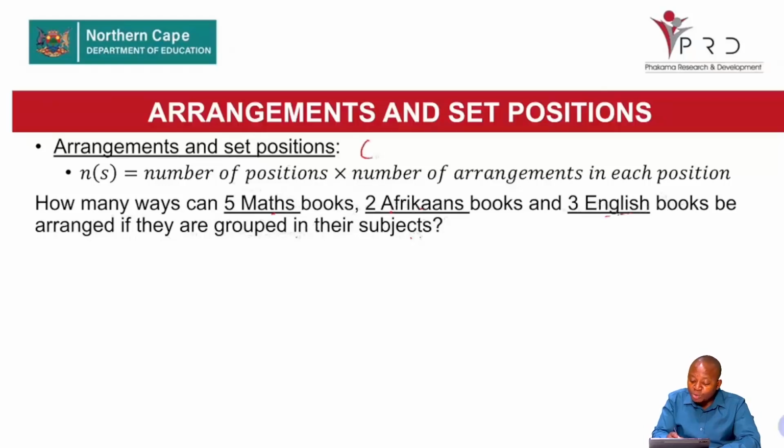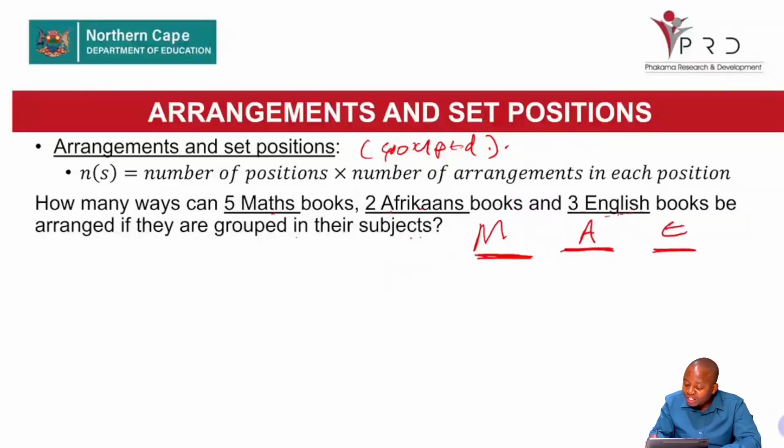So these are what we call grouped items. Under grouped items, we have a situation where, if math books are grouped, that means they will have their own slot. This one is for math only. Then the second one is going to be for Africans, and the third slot is going to be for English.